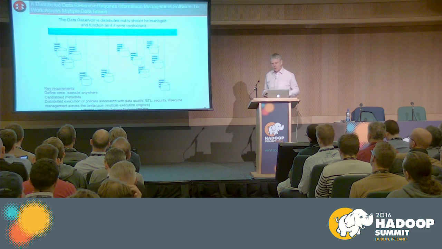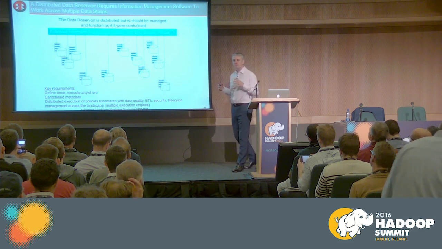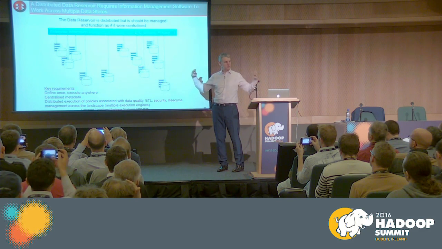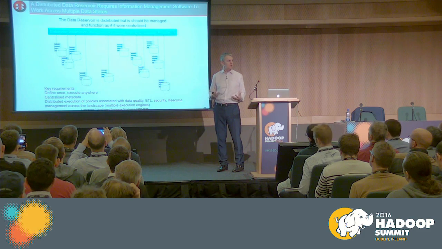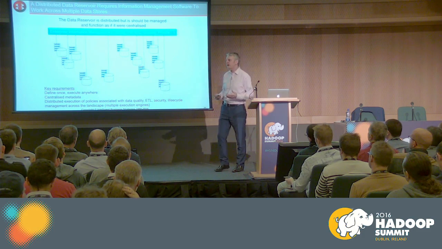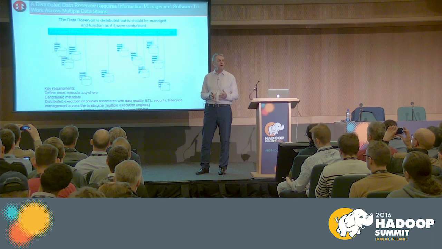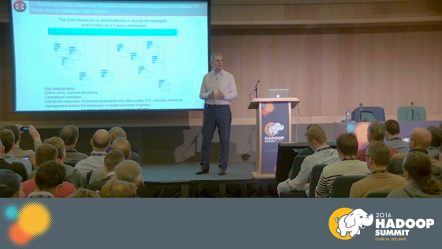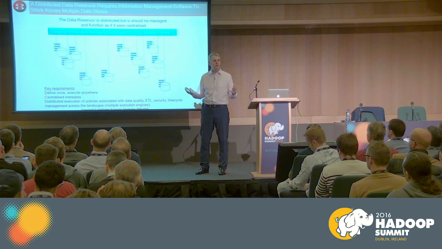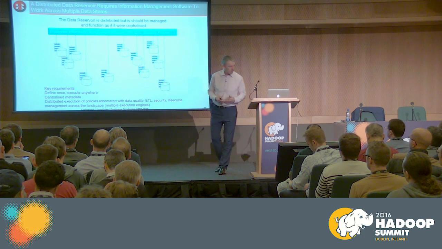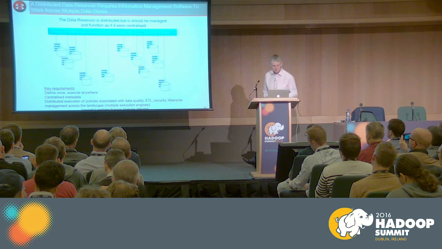We need a whole suite of data management tools to wrap its arms around this distributed data reservoir. That means the software has to move from not just being able to run in one place, but be able to run in multiple places, or even to run in a distributed fashion across a distributed data landscape.